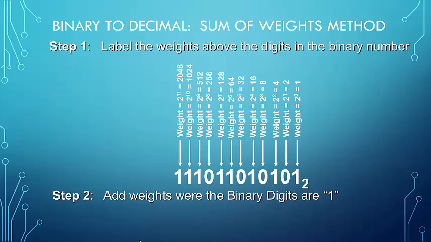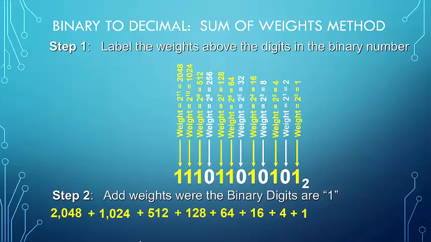The next thing we need to do is add the weights where the binary digits are 1. So in this case, that would be the 0 weight, or 1, 4, 16, 64, 128, 512, 1024, and 2048.